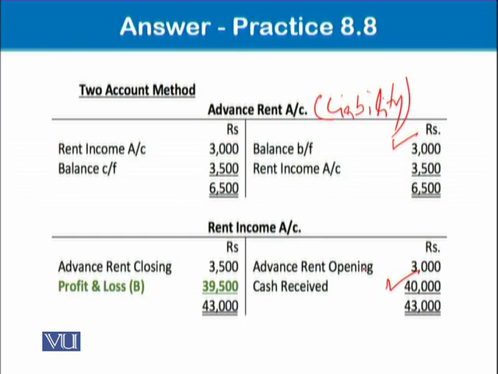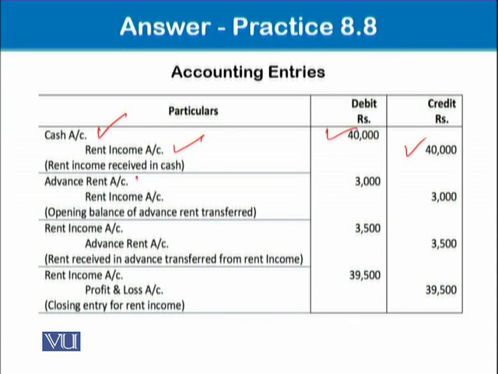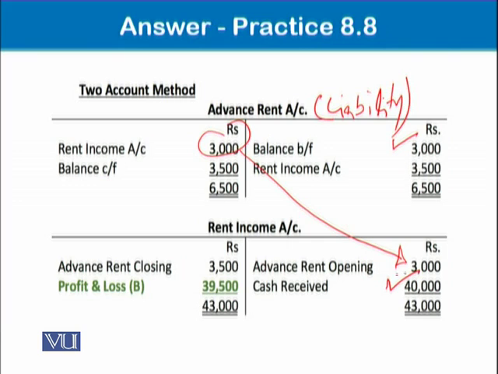The next thing is that this 3,000 will be closed into the income because now it is our income. It was received in the previous year, but it belongs to our current year. So it is our income. What we will do, debit advance rent and credit rent income. So rent income account will be credited like this.